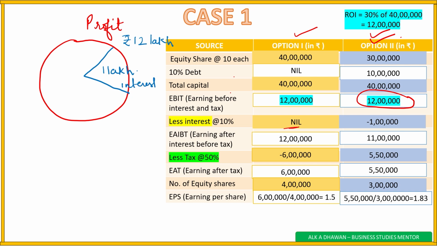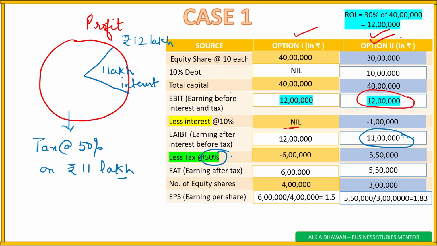So now after that we are calculating tax at the rate of 50%, which was given here, and we are calculating this tax on 11 lakhs. So that means the total profit is 12 lakh, but we are calculating tax on rupees 11 lakh.